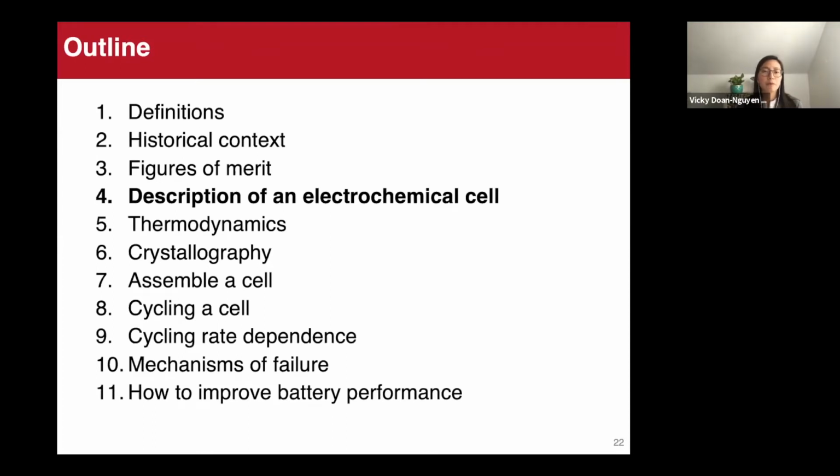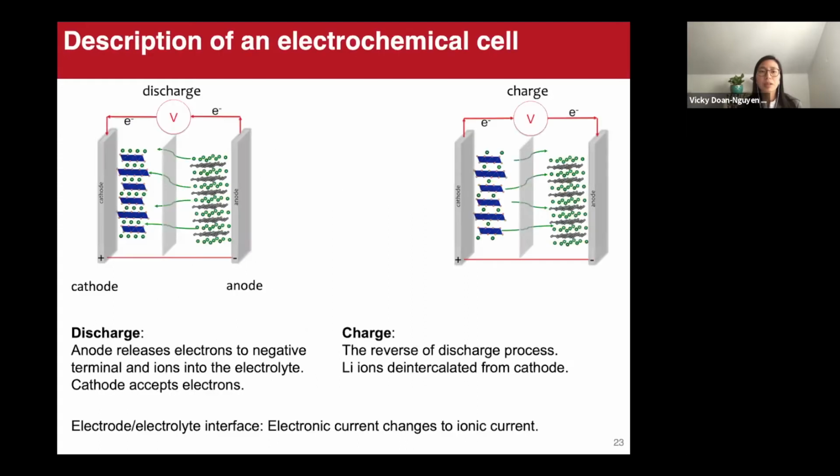So section 4 will be on the description of the electrochemical cell. Here in a typical electrochemical cell, we have a cathode, which is the positive electrode, and the anode, which is the negative electrode. Here you also see represented by this gray rectangle, the separator.